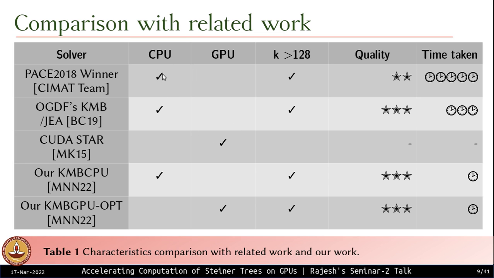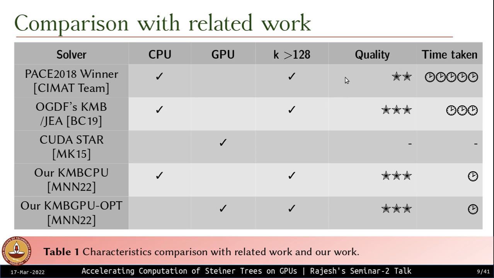The first 2 run on CPU, whereas the third runs on GPU. However, the third one does not run on a larger set of vertices, whereas the first 2 implementations work on a larger set of terminals, when k is greater than 128. We don't have source code for this one to compare qualitatively, whereas we do have source code for the other 2.